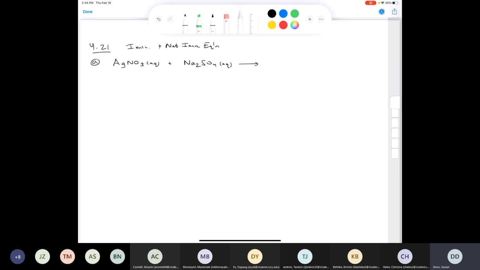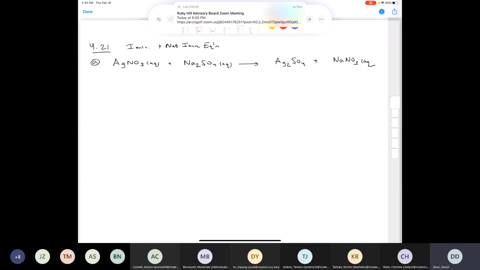So let me help you out with this if you don't have a solubility table nearby. We're going to combine silver and the sulfate ion, and then we're going to combine sodium and the nitrate ion. So we would end up with silver sulfate, so that's Ag2SO4, plus we end up with NaNO3, okay?